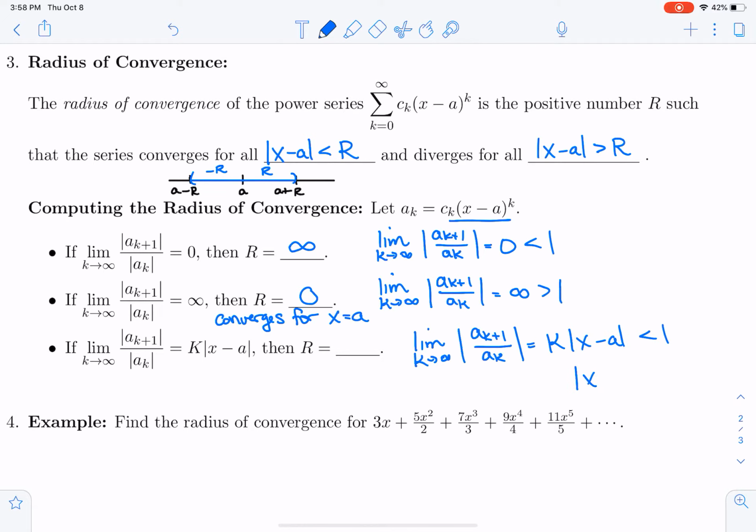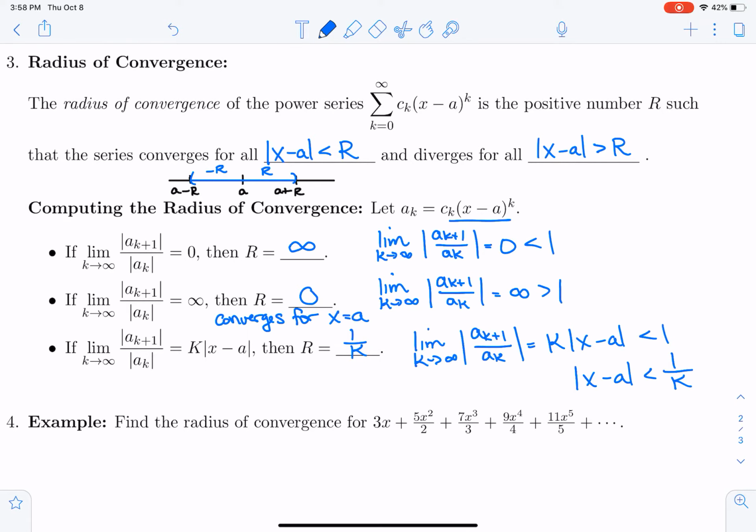And so we saw that the radius of convergence was 1 over k, because the absolute value of x minus a had to be less than 1 over k. So in this case, our radius of convergence is 1 over k. These are the three possibilities for our radius of convergence.